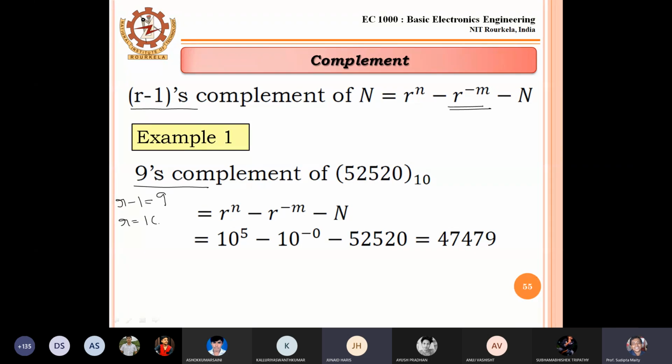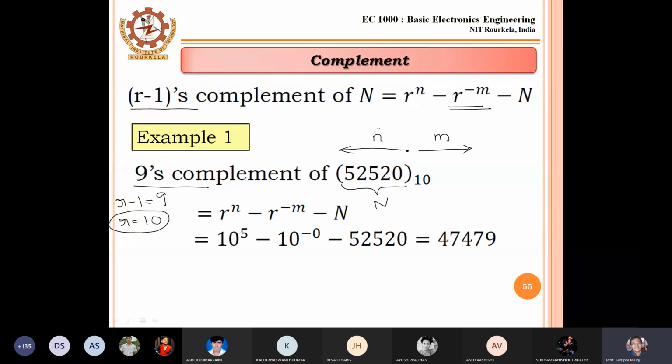So r equals how much? 10. Correct? Now capital N is this one. Before the decimal point we have a small n, after the decimal point we have small m.